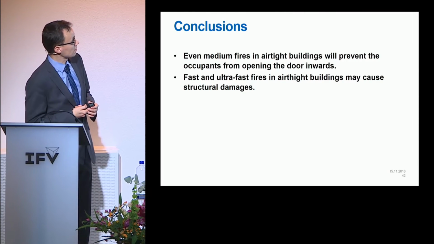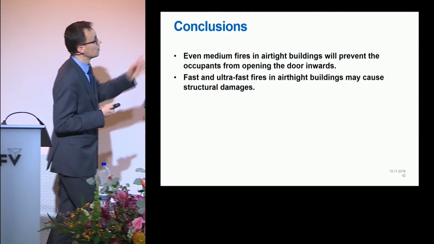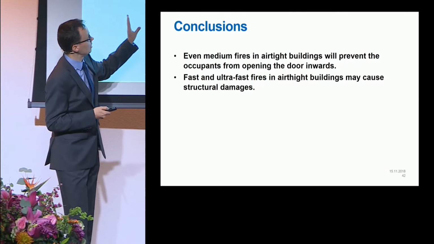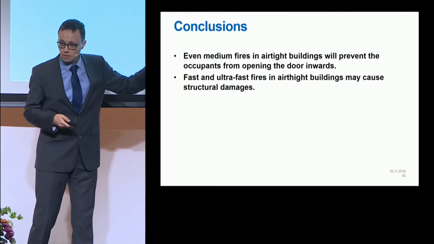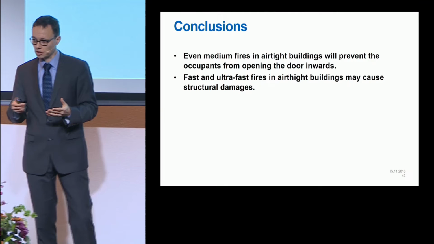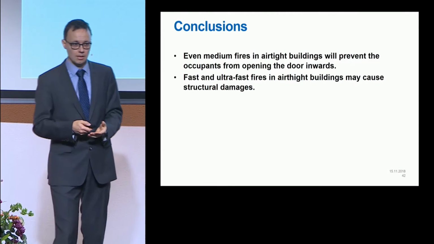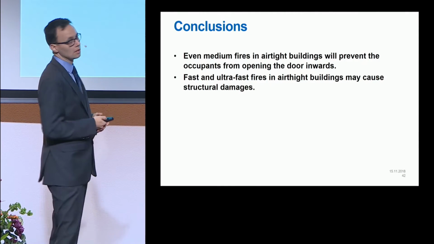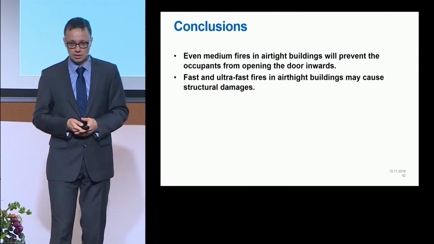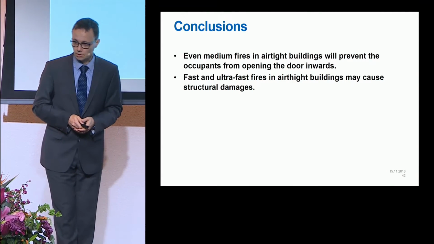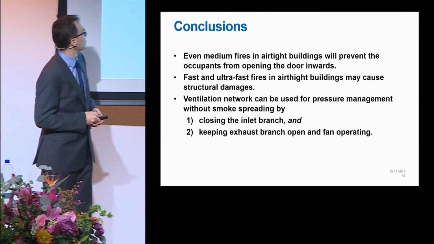Fast and ultra-fast fires can challenge the structural integrity. They can challenge the compartmentation. And this is something that we really haven't considered in our design, our regulations at all.